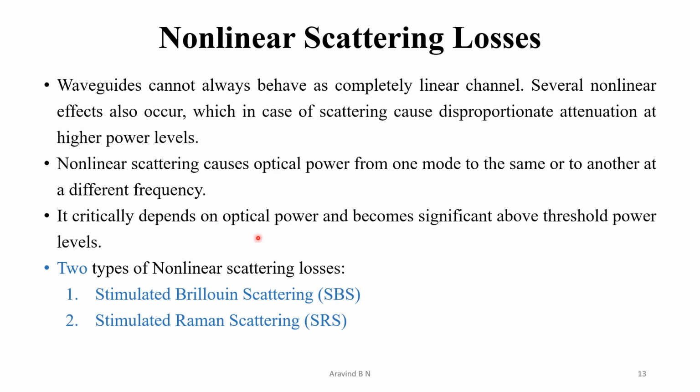It critically depends on the optical power, and becomes more significant when the optical power crosses the threshold power levels. There are two types of nonlinear scattering losses: first, stimulated Brillouin scattering, also known as SBS, and second, stimulated Raman scattering, SRS.